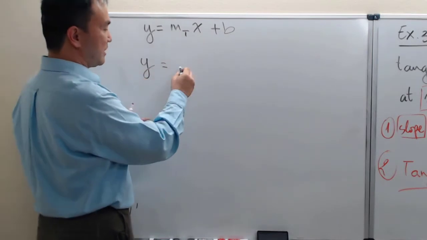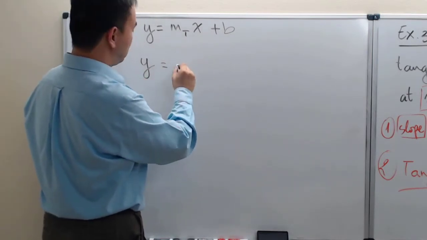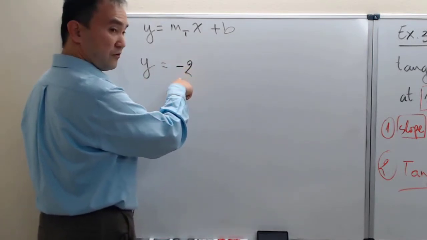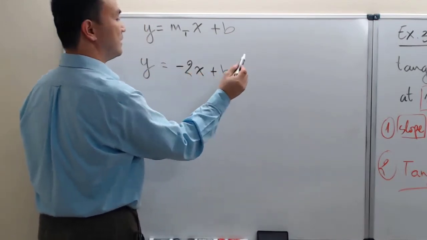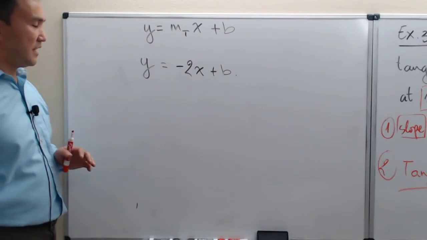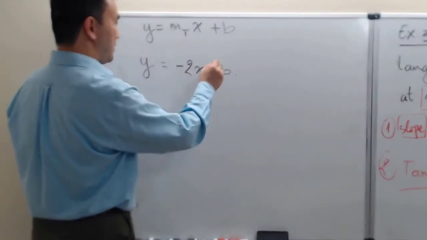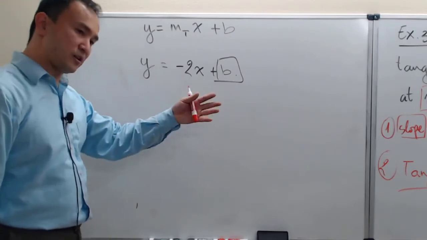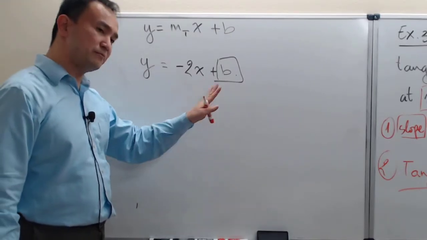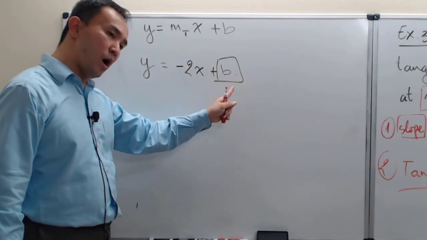Our slope was -2, so y equals minus 2x plus b. The next step is to find out what that b value is. b is called the y-intercept.